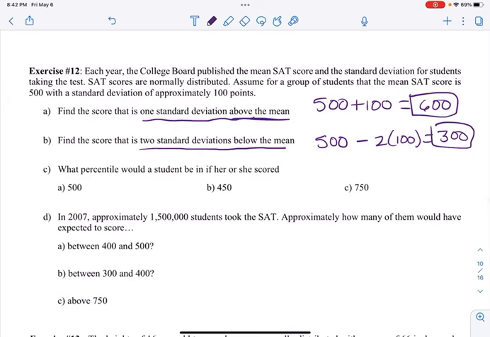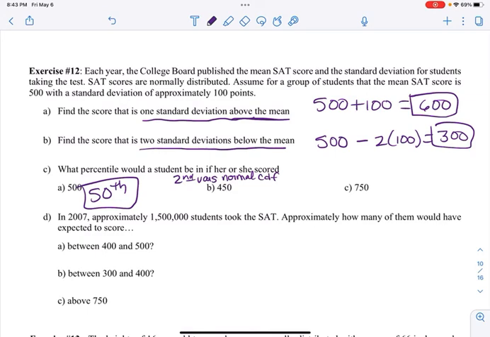What percentile would a student be in if he scored a 500? Well, a 500 is the mean, so that's the 50th percentile. What percentile would a student be in if he scored a 450? Well, this one we can use our calculator for. I'm going to hit second, vars, and the normal CDF, which is number 2.